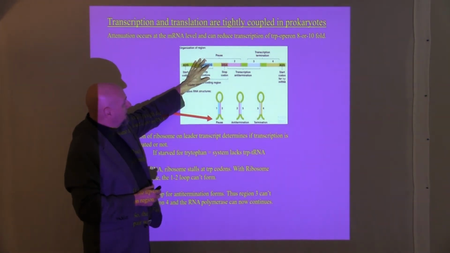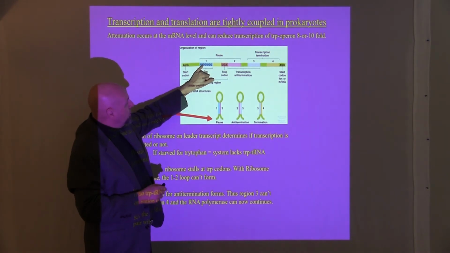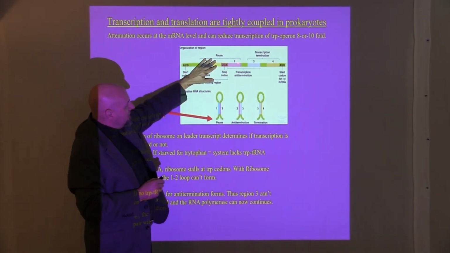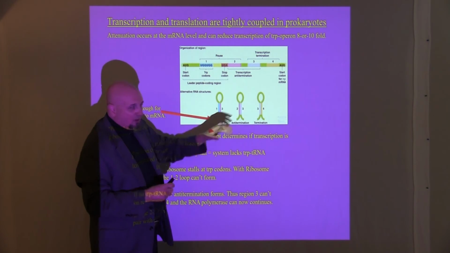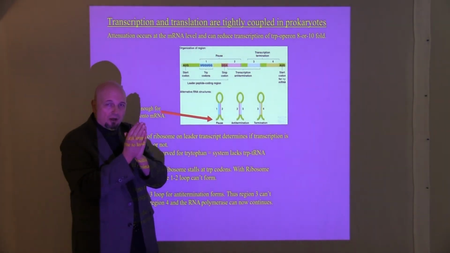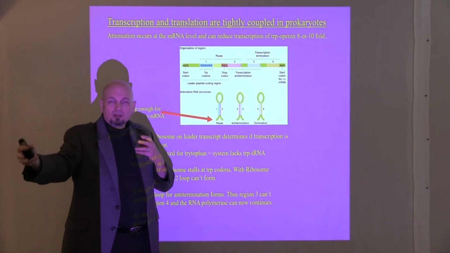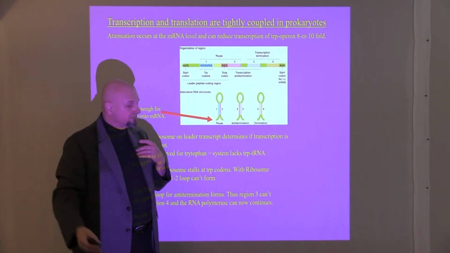As a result, that prevents region number 1 of this leader messenger RNA from binding to region number 2. That frees up region number 2 to bind to region number 3, and this creates a three-dimensional structure in the RNA which does not interfere with the RNA polymerase continuing its transcription.